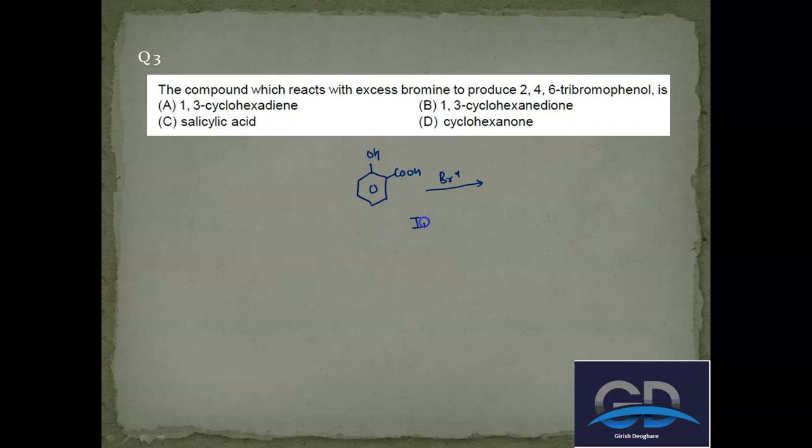Due to the ipso effect, OH is activating because it is a plus R group, and COOH is deactivating, it is minus R. So the dominance of the OH substituent will be there, and the replacement would happen at the ortho and para positions to the plus R group. Normally we would expect bromine coming in at the ortho and para positions to the OH group, but due to the ipso effect even this COOH is replaced by bromine. So the answer for this question is C.